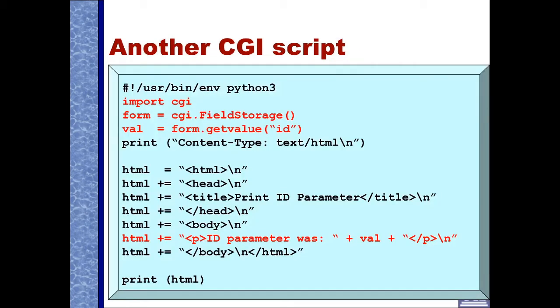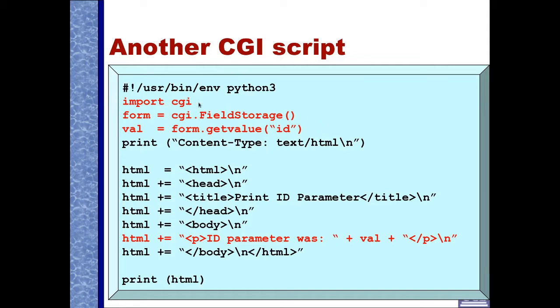Now here's a slightly more complicated example where we are accessing something from a form. We're assuming that the web page had a form that contained some value ID, so it said name equals ID in one of the form elements. This looks exactly the same as the previous example, except that I've added 4 lines.